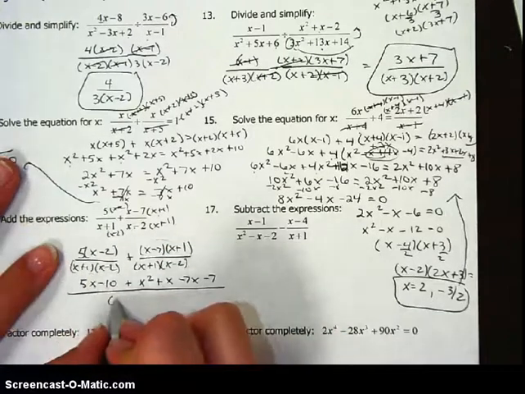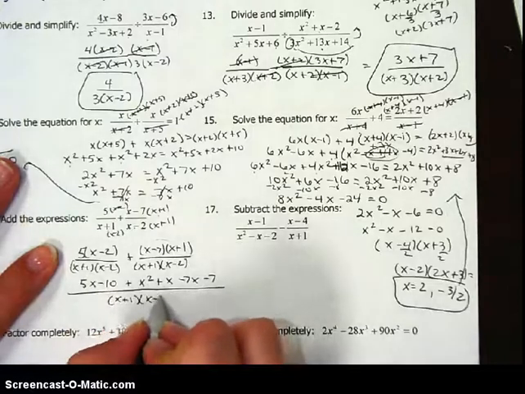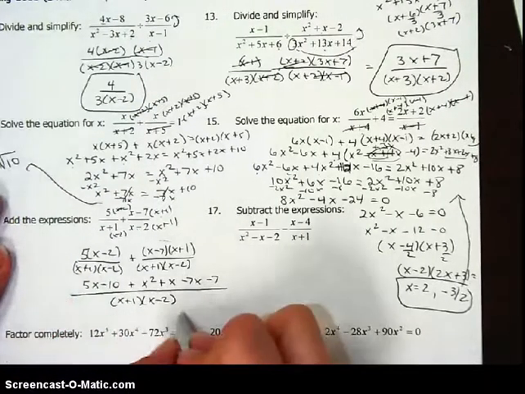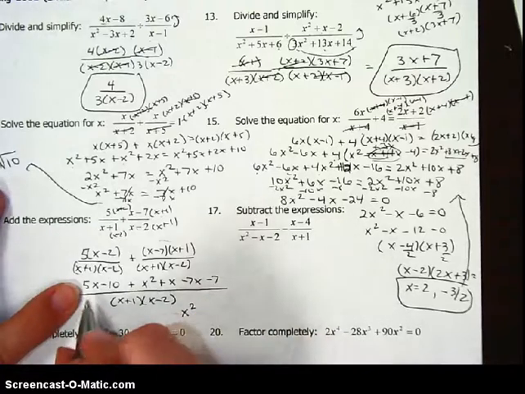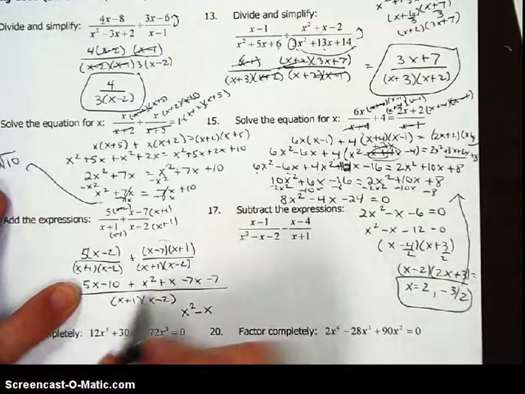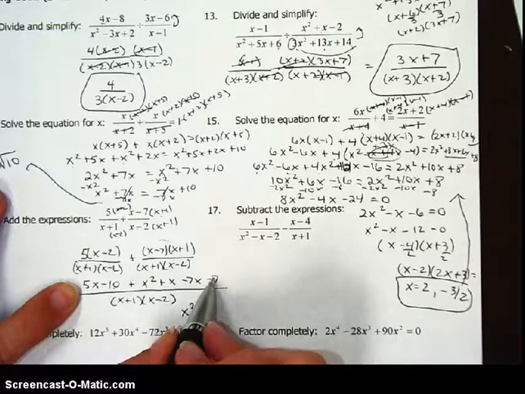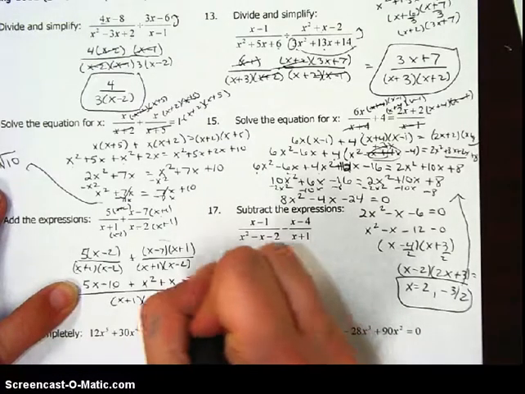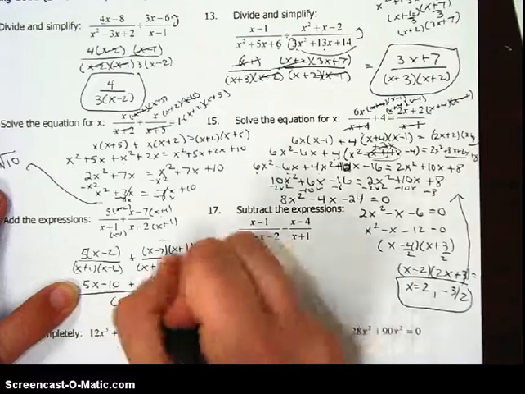My common denominator is x plus 1, x minus 2. Now we just need to combine like terms. So we've got x squared, we've got 5x plus x, which is 6x, minus 7x would be minus x, minus 10 and minus 7 would be minus 17, over x plus 1, x minus 2 to get your final answer.